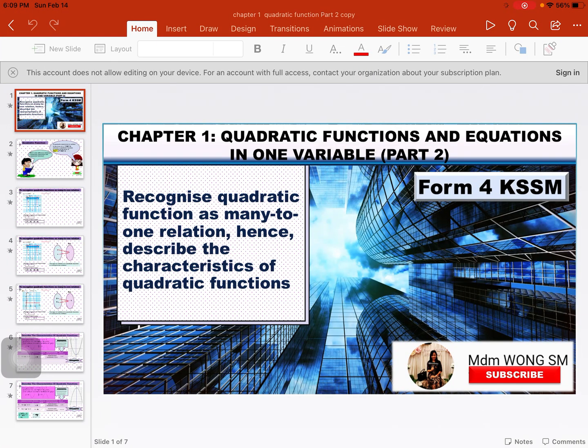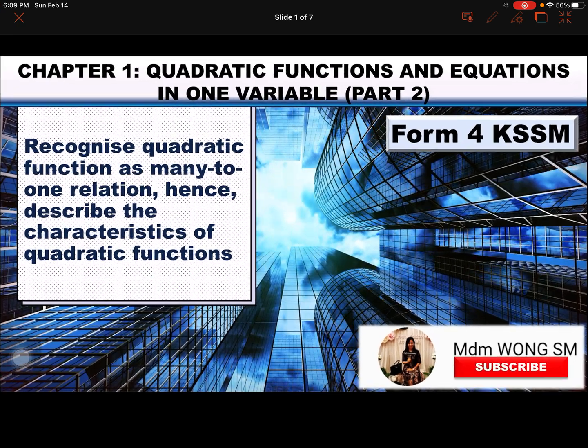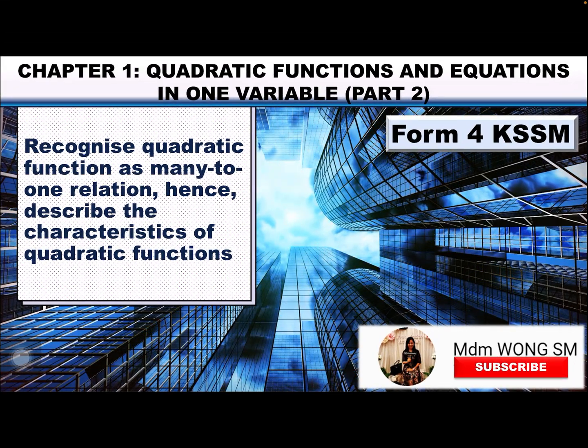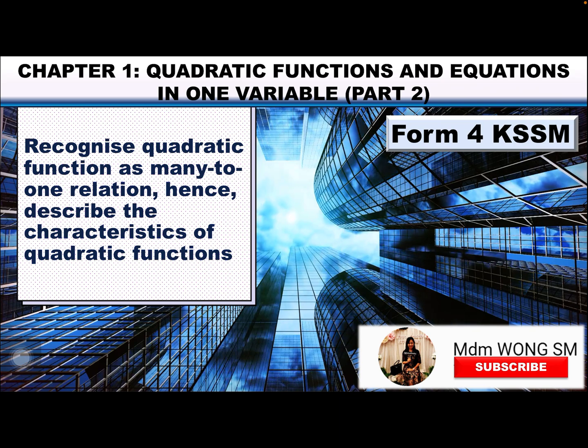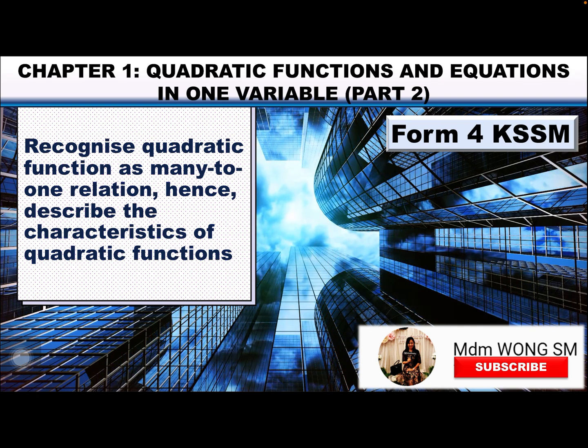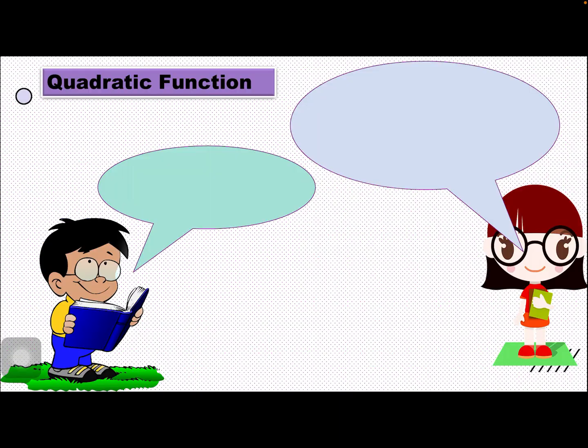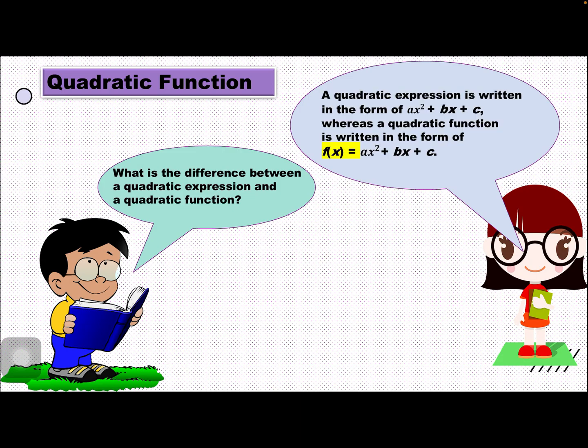For part 2, we have to recognize quadratic function as many-to-one relation, hence describe the characteristic of quadratic function. Just now what I told you, quadratic equation is when it is equal to 0. A quadratic expression is written in the form of ax squared plus bx plus c, whereas a quadratic function is written in the form of f(x).